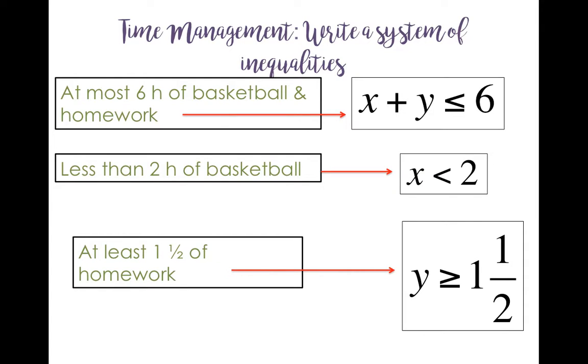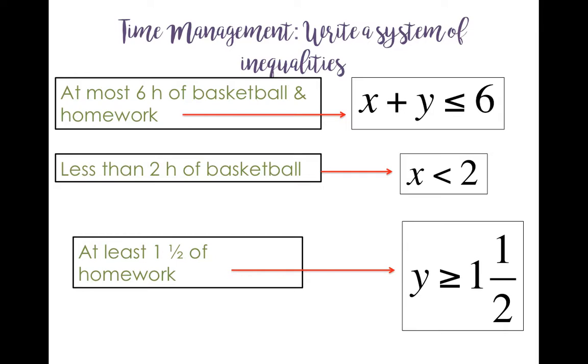So the system of inequalities would consist of x plus y is less than or equal to 6. And that's because at most 6 hours of basketball and homework. The variable x was the number of hours you wanted to play basketball, and variable y was the number of hours you wanted to do homework.